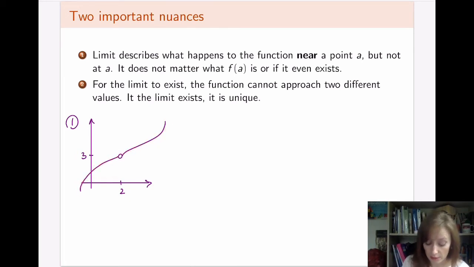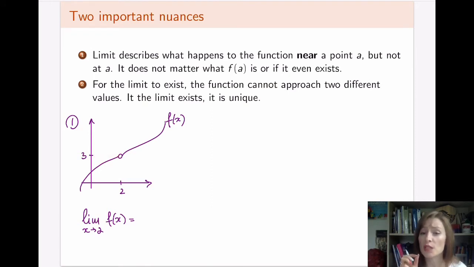But again, if I were to compute the limit as x approaches 2 of this function, let's call it f of x, then I will be thinking, as my x's go closer and closer to 2, what do my y values approach? So you can follow this on the graph. As your graph gets closer and closer to 2, what y value does it approach?